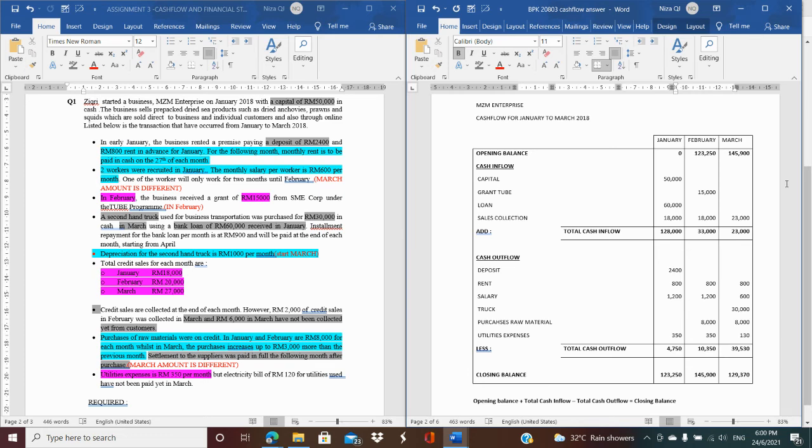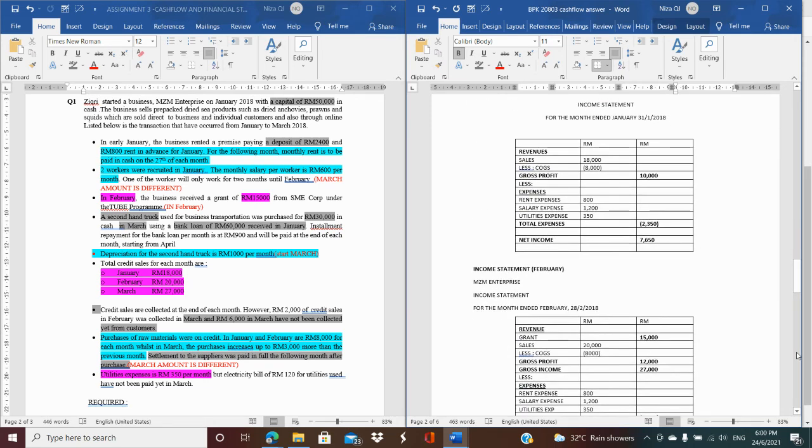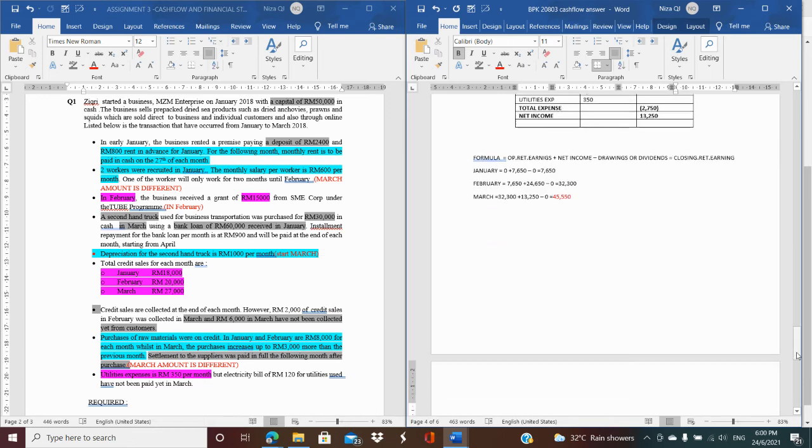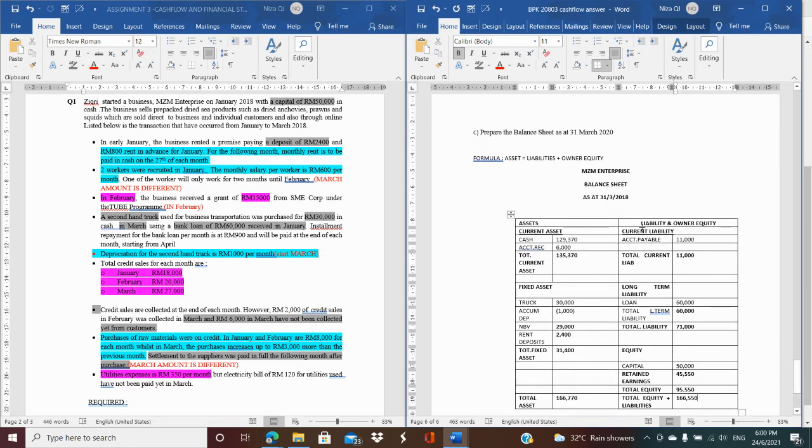So the amount is 129,370. Oh, I forgot one thing. I left out one thing. This is actually a liability. Sorry, that's why it does not balance. So there was a mistake in calculating the cash.